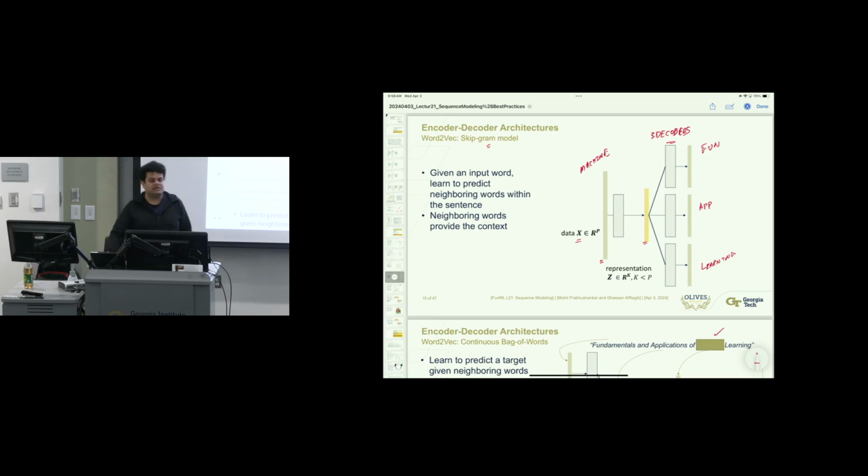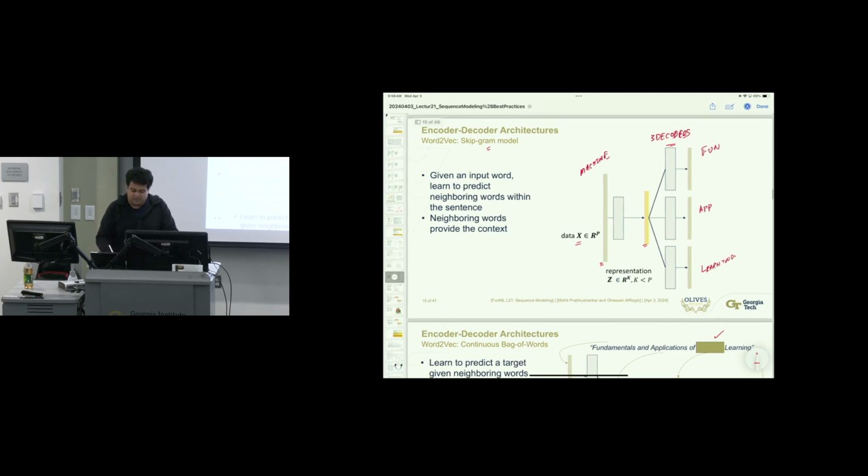There's also an N over there, depending on how many words in the neighborhood you are trying to reconstruct. Essentially, given a certain word, you are trying to predict what the neighboring words are going to be. Of course, this is not an easy framework. Machine can exist in many contexts.